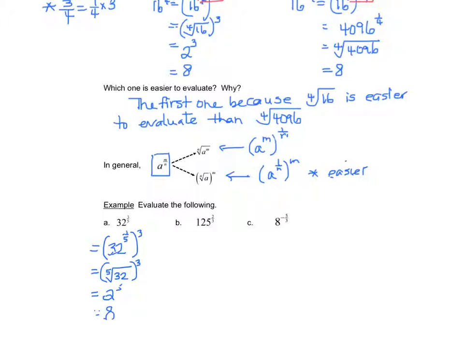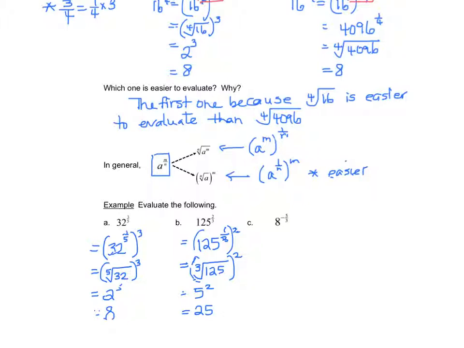Okay, next one, 125 to the exponent 2/3. Same thing, we're going to keep the base, move the numerator of your fraction to the outside of the bracket. So we'll write 125 to the exponent 1/3 all squared. 125 to the 1/3 is the same as the cube root of 125, which is 5, and 5 squared is 25.